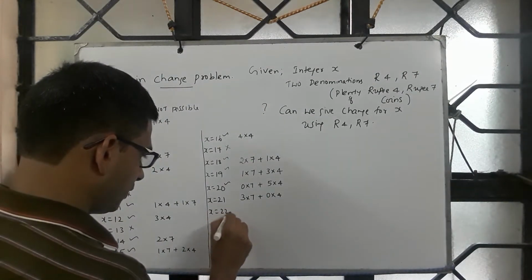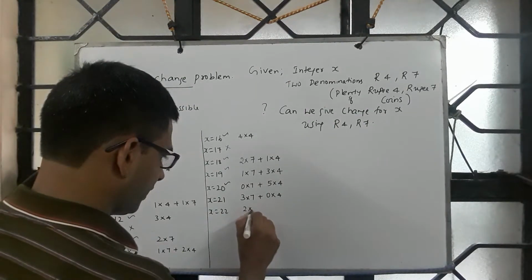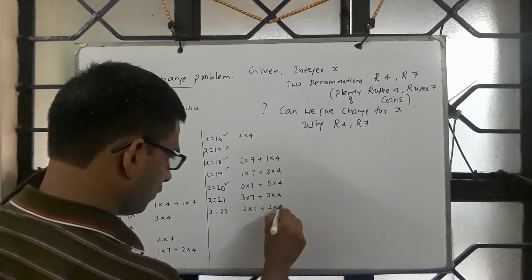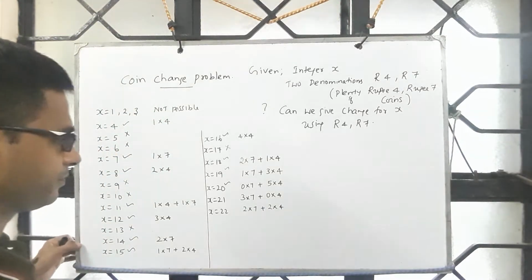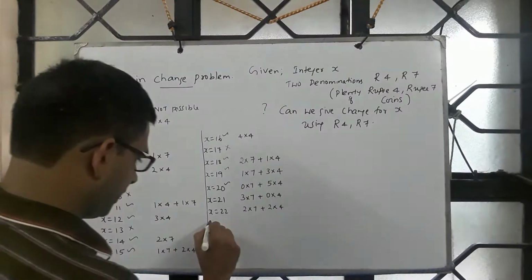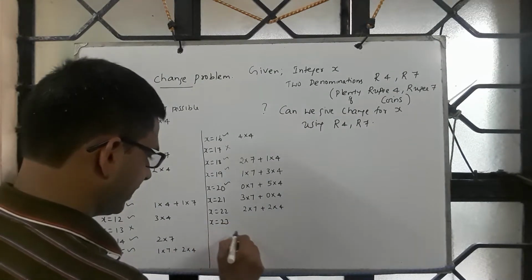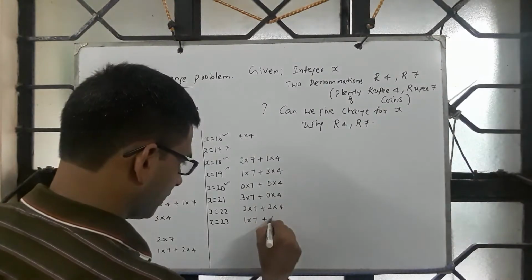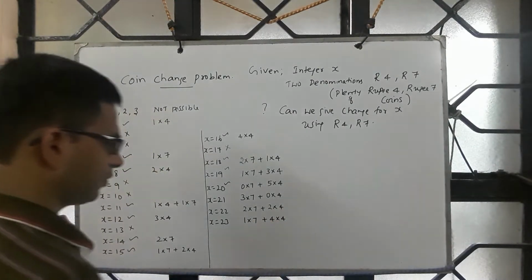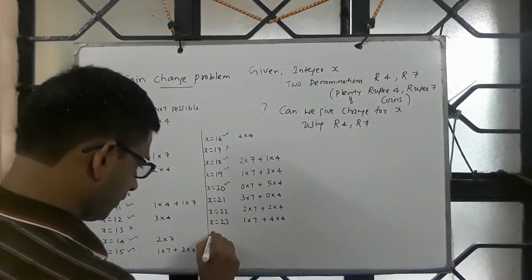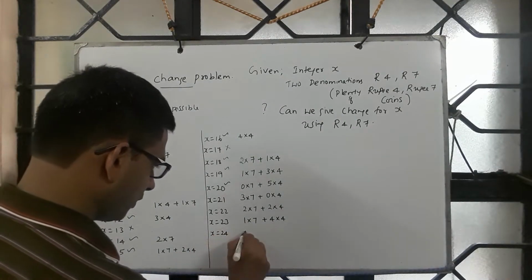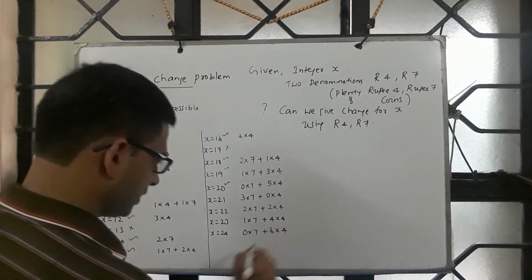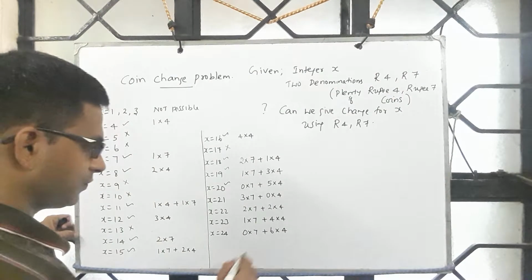For x equal to 22, I give 2 7 rupee coins and 2 4 rupee coins. For x equal to 23, it is 1 7 rupee coin and 4 rupee coins. For x equal to 24, I am not using any 7, but using 4, so 6 4 rupee coins.